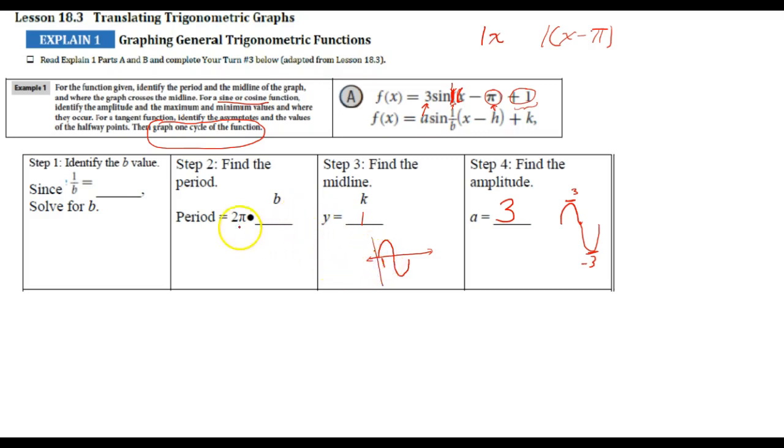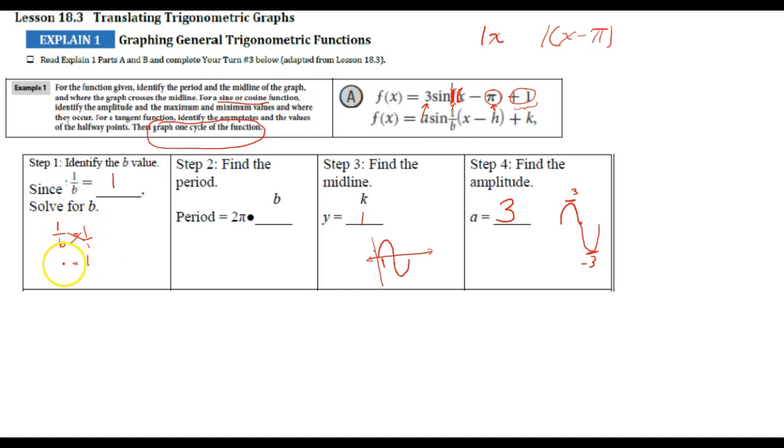And then, last but not least, our b value. Since 1 over b equals 1, we're going to solve for b. Let's write this as a fraction and cross multiply. What's 1 times 1? 1, right?